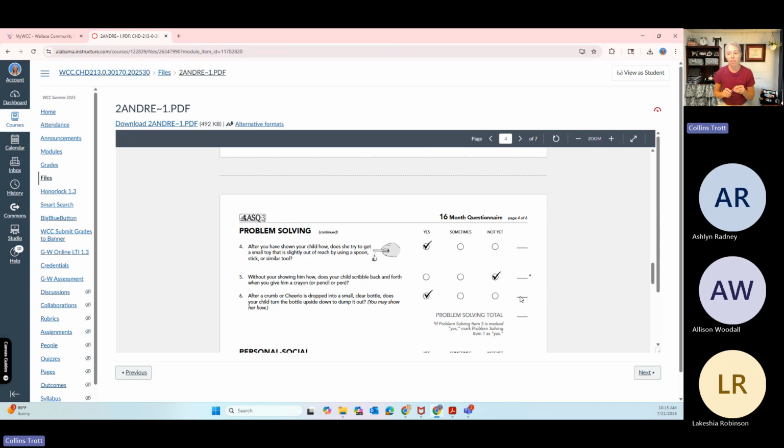Go back and count again. We have 4 yeses, which are 10 points each, and 2 not yets, which are 0 points. So that total section should be 40.